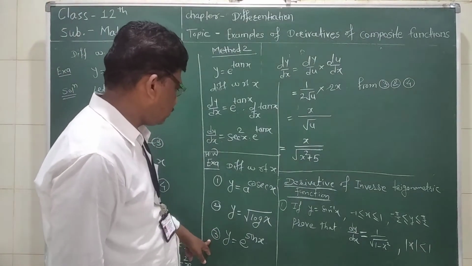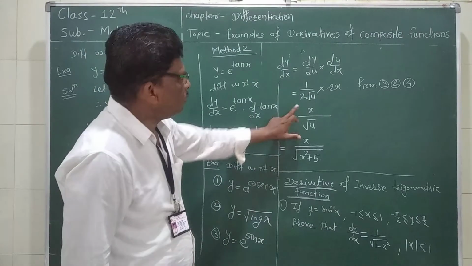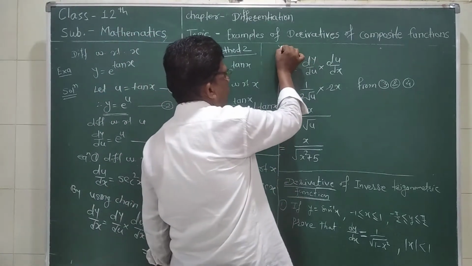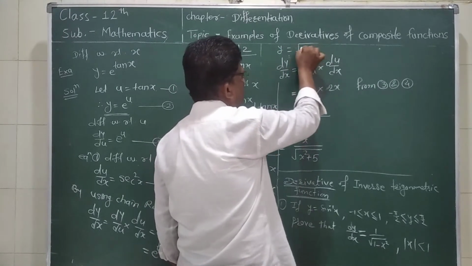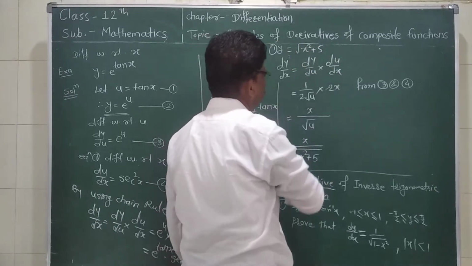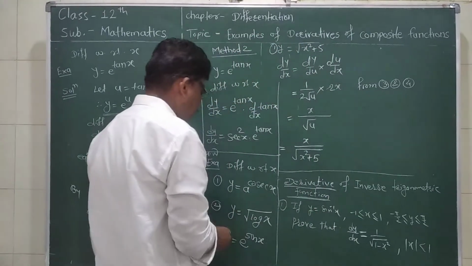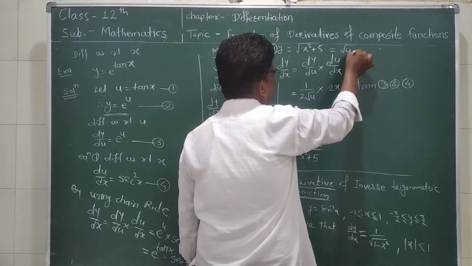For example, this is the first example. Suppose y equal to under root x square plus 5. So put y equal to under root u, where u is x square plus 5.